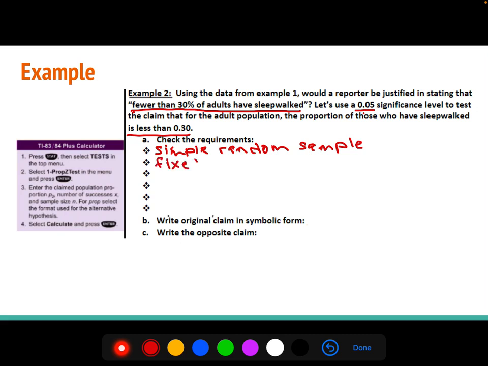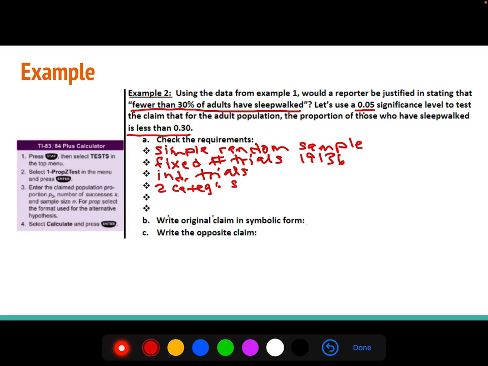Now, the binomial requirements. Is it a fixed number of trials? Yes, because we have 19,136 adults. Does it have independent trials? Yeah. What you do in your house doesn't affect mine.